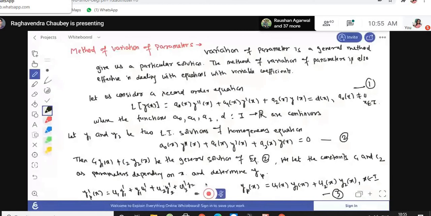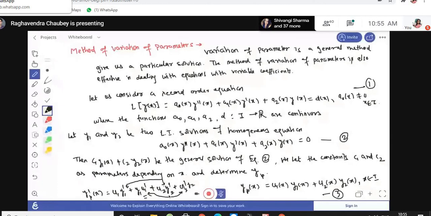So this is the differentiation of this term, and it can be written as y prime equals u1 y1 prime plus u2 y2 prime, where u1 and u2 are only functions of x. In the other two terms, u1 prime and u2 prime appear.